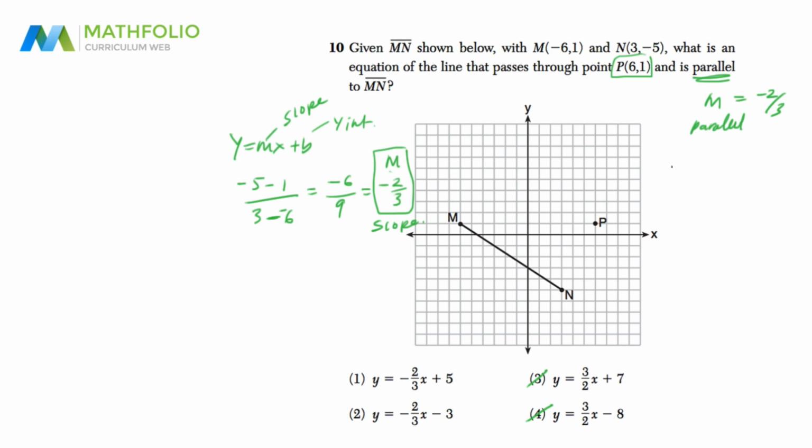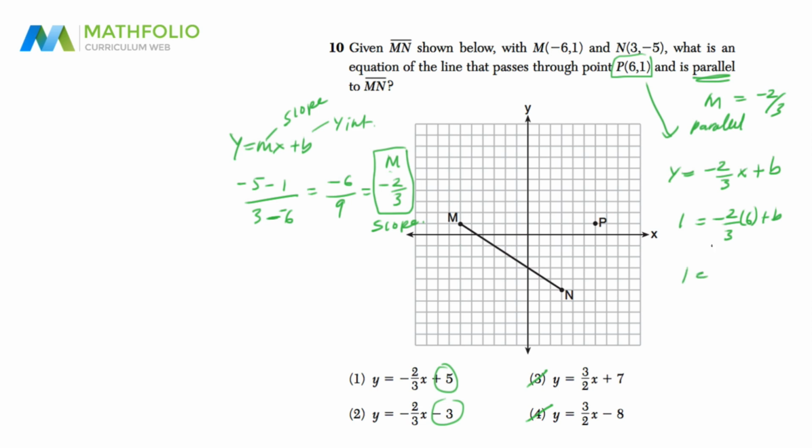So what we're going to do is take our y equals -2/3 x plus b. We need to find the b, and we know either it's 5 or it's -3. So to find b, we're going to plug this in. Now you've got to be careful. The y value is 1, so 1 equals -2/3 times 6 plus b.